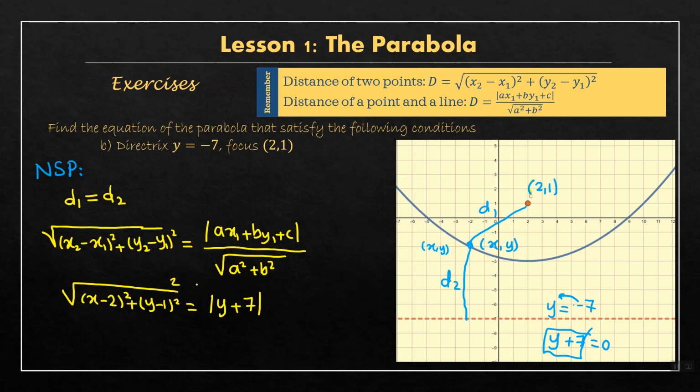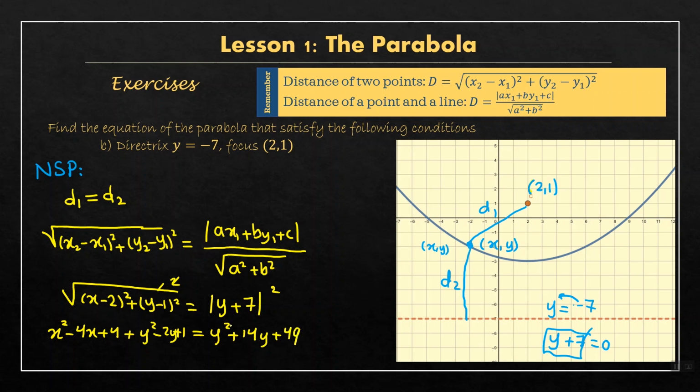Square both sides. Here in this side, the square cancels the root. So x squared minus 4x plus 4 plus y squared minus 2y plus 1 equals y squared plus 14y plus 49.